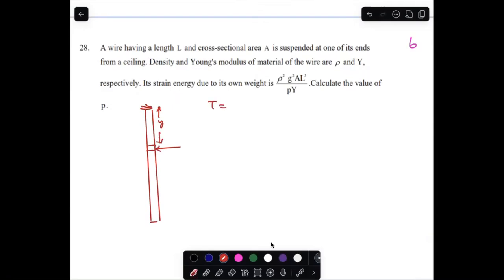The tension in that element is mass per unit length lambda g times L minus y, that is mg, by cross sectional area. What is cross sectional area? A. Remember, this is stress.